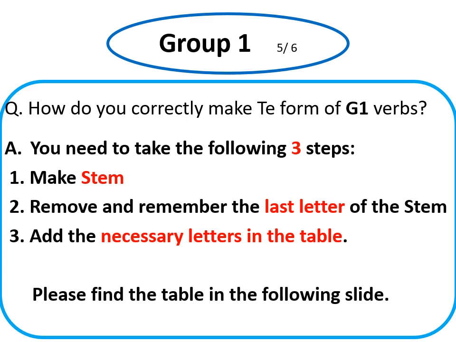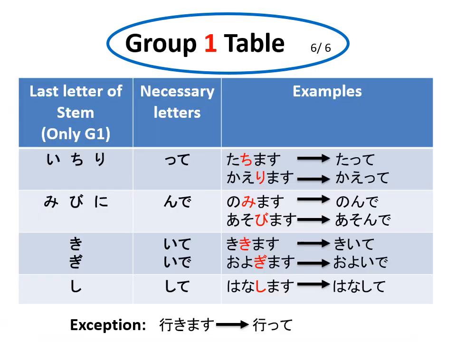Okay, so I'll show you the table here. Remember 3 steps. Make the stem of the group 1 verb, remove and remember the last letter of the stem, and then add the necessary letters indicated in the second column here.